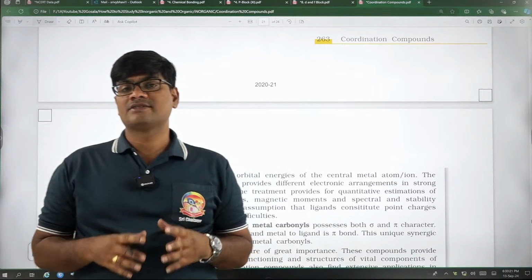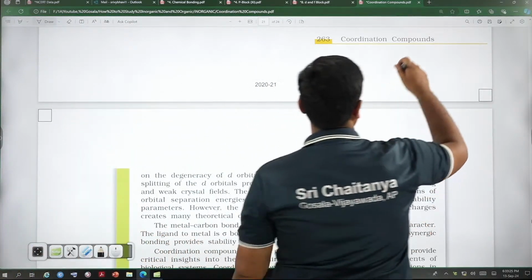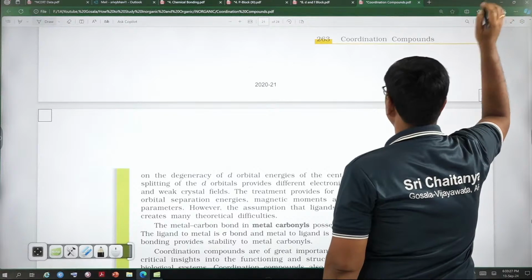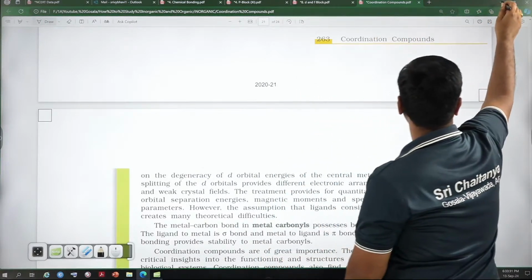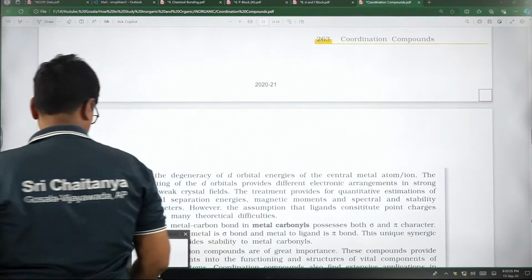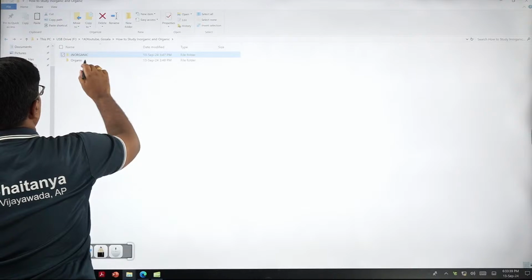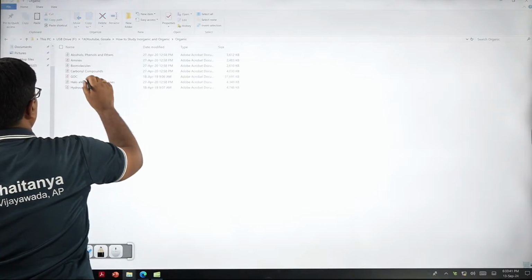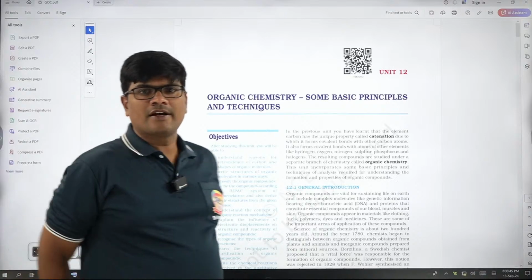Now let's discuss organic. For organic chemistry, is NCERT sufficient?